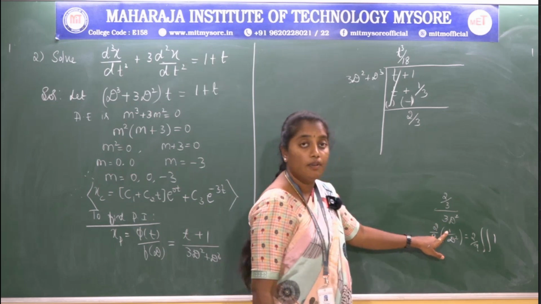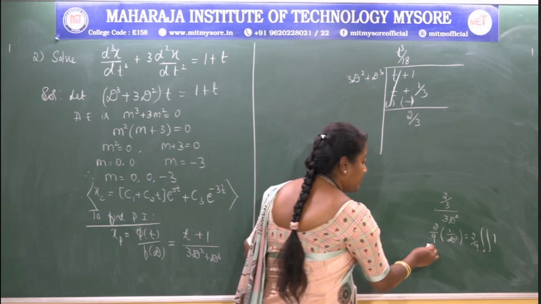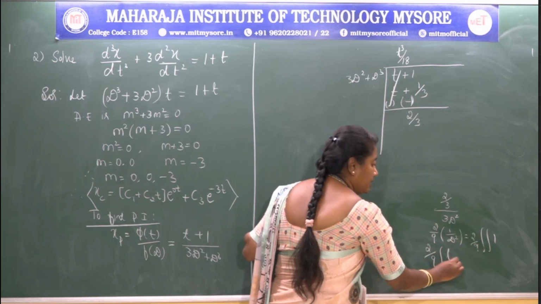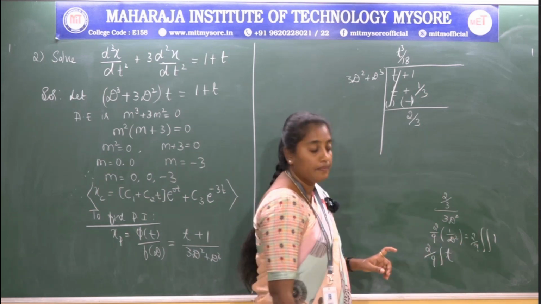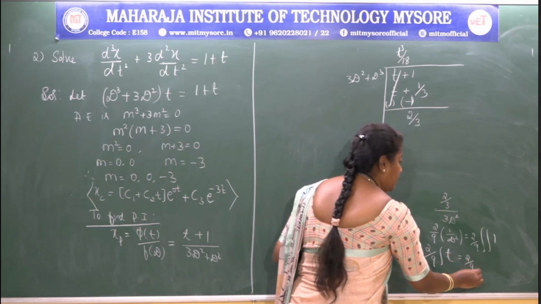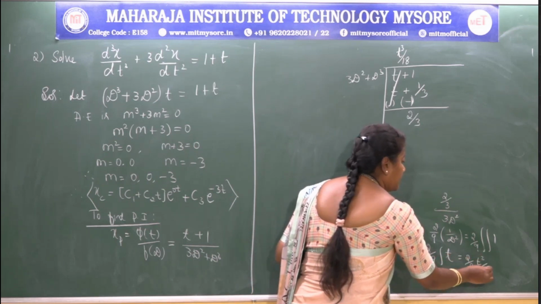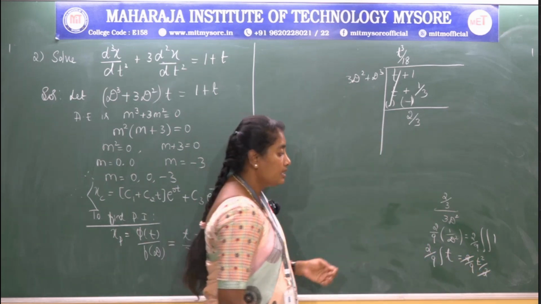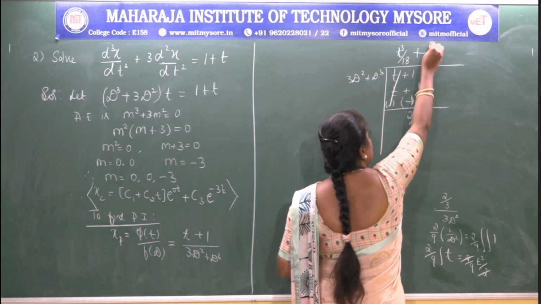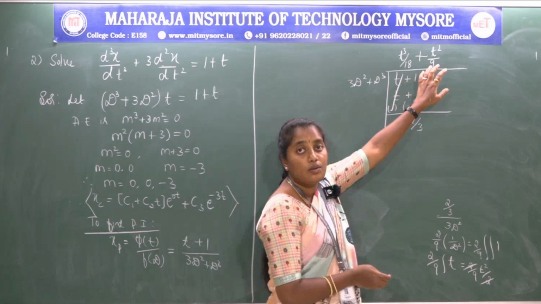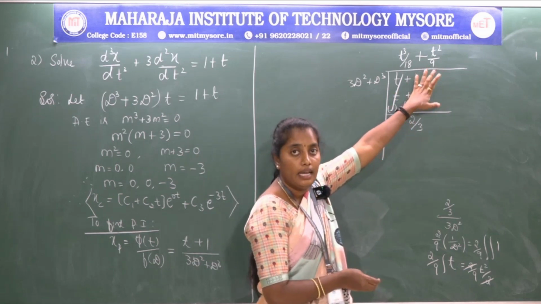In the numerator we have 1 here. So integrating that, 2 divided by 9, integrating once, integration of 1 is t. Integrating one more time, integration of t is t square divided by 2. Here the value of 2 gets cancelled. The resultant element is plus t square divided by 9. So the next quotient is t square by 9.